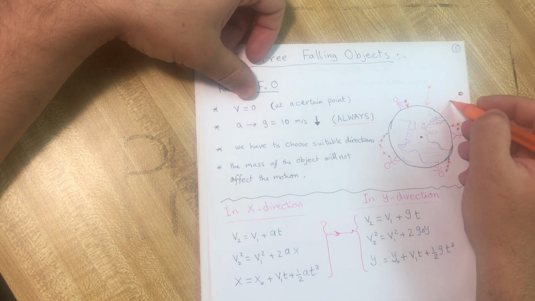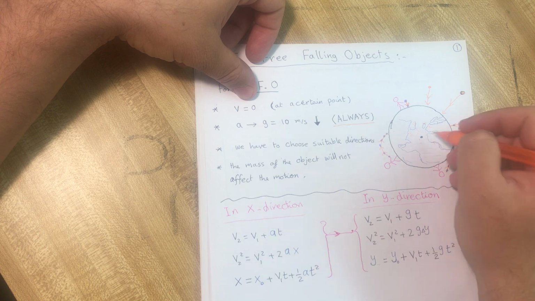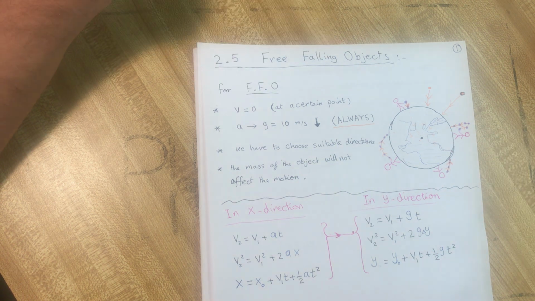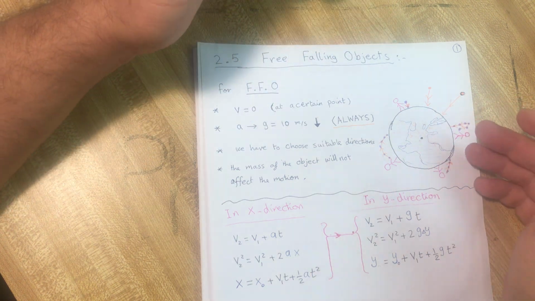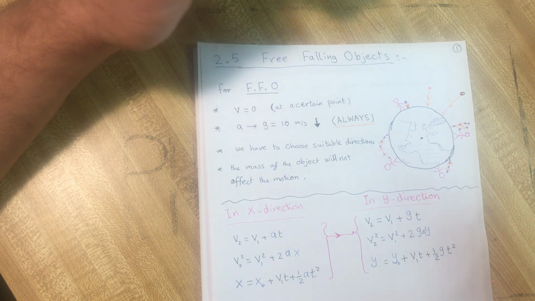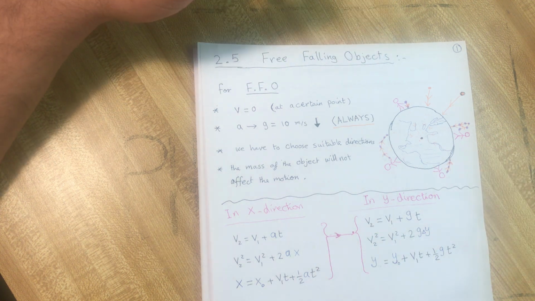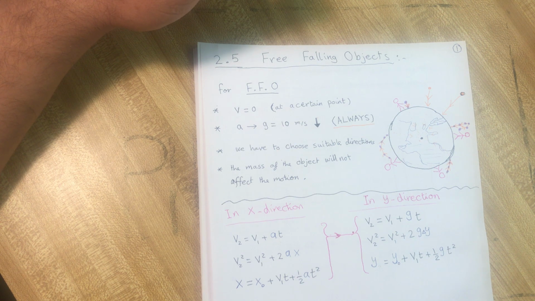The acceleration of these objects is always downward to the center of this planet. Or if we are on another planet, for example on the Moon or on Mars, it will be downward to the center of that planet.